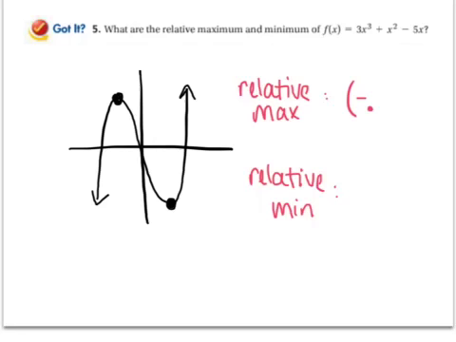Did anybody else get a different maximum for me? Jordan? Well, hmm? 2. I don't know what that is between 0.6, 7. I have about negative 0.8.